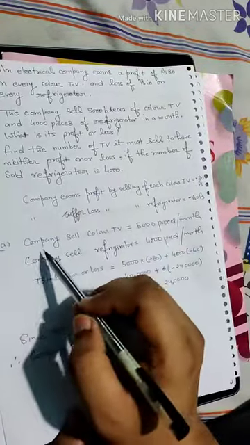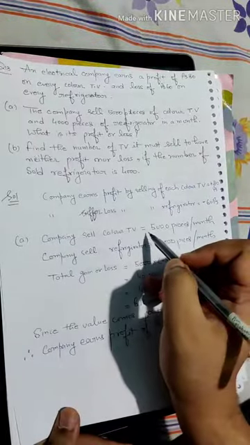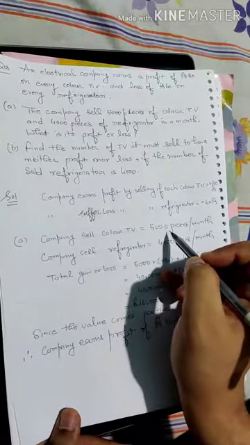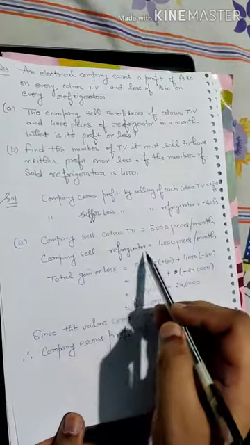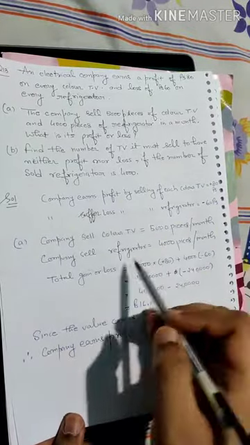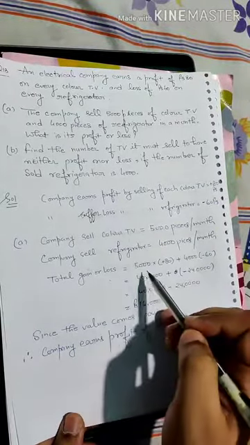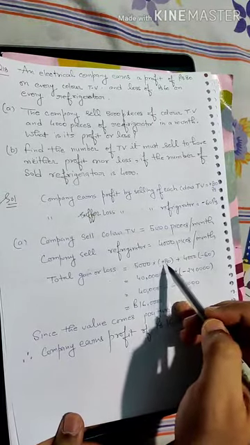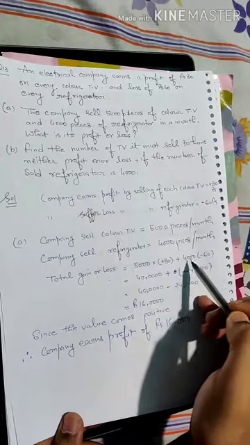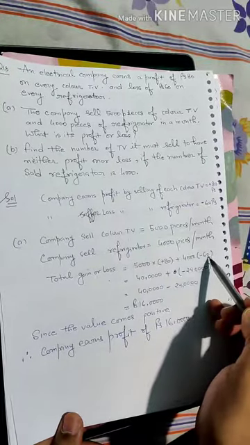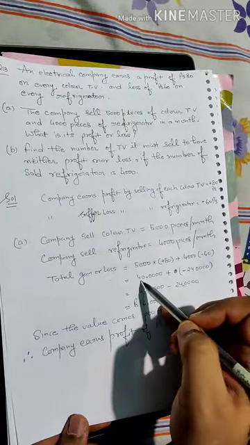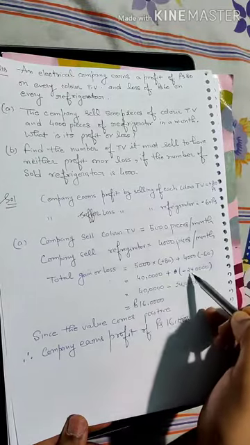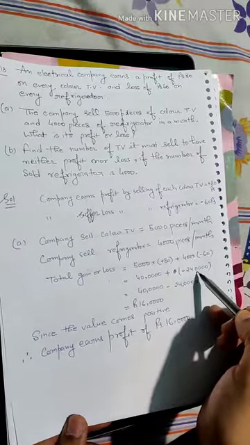So the company sells 5,000 pieces of TV and 4,000 pieces of refrigerator. The total gain or loss is 5,000 into plus 80 plus 4,000 into minus 60. Multiplying them, we get 4 lakh rupees and 2,40,000 rupees.